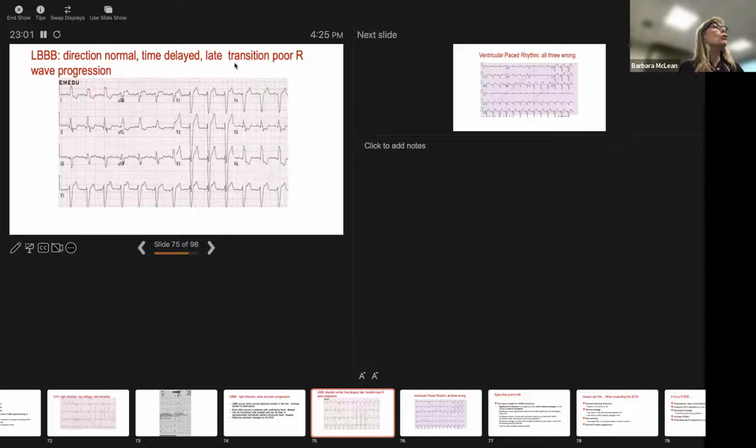Now, if you were looking at this EKG, you might say, oh my God, look at that ST segment elevation. I'm calling the cath lab now. But you are not having a STEMI. This ST segment elevation, V1, V2, V3, and even a little bit into V4, is all because of left bundle branch block and left ventricular hypertrophy.